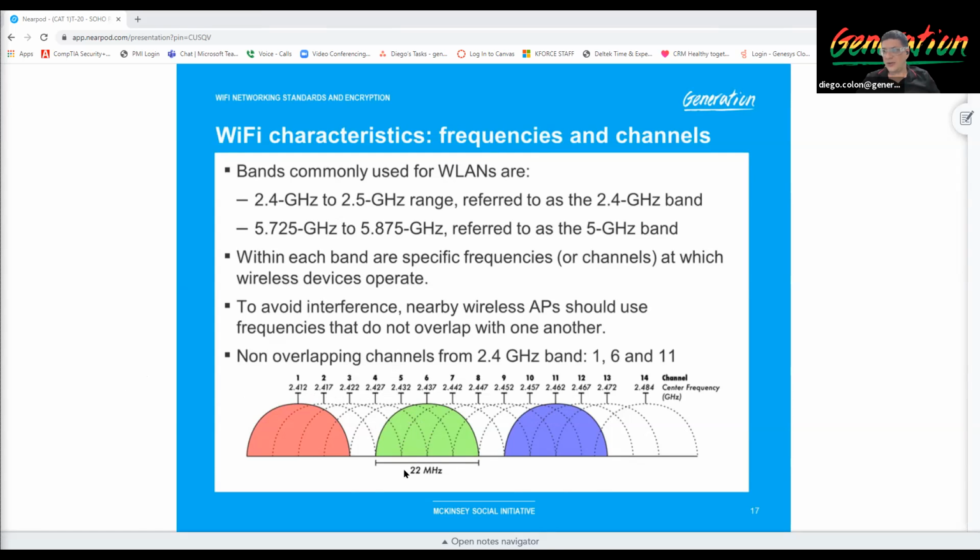Therefore, there is a standard to avoid this type of interference and to facilitate installation: use channel 1, channel 6, and channel 11. That will alleviate the problem and ensure that there is no interference when it comes to multiple APs on your network with the exact same SSID and WEP key.